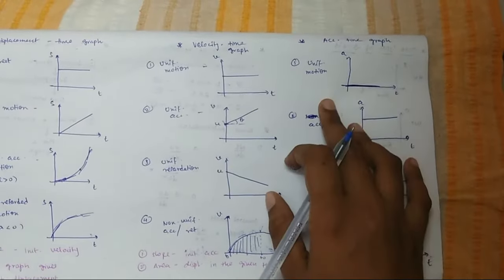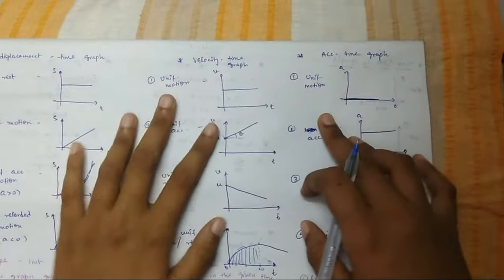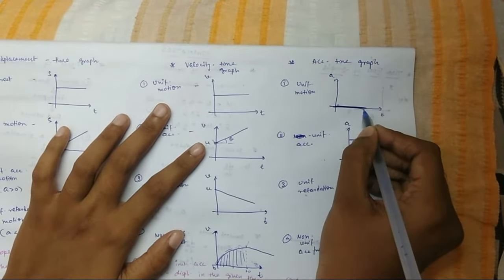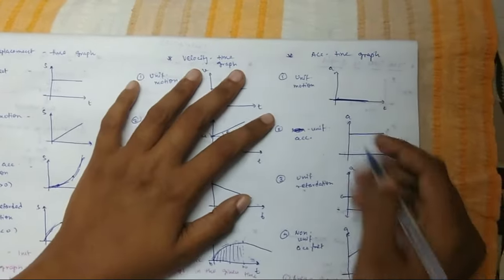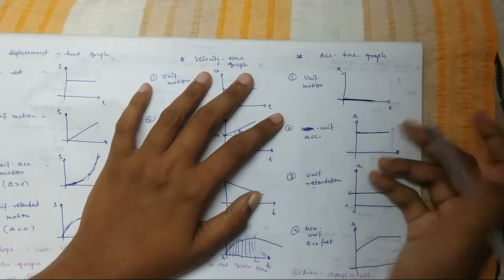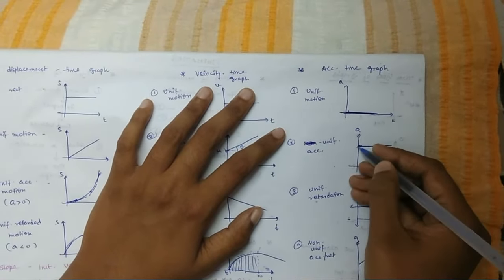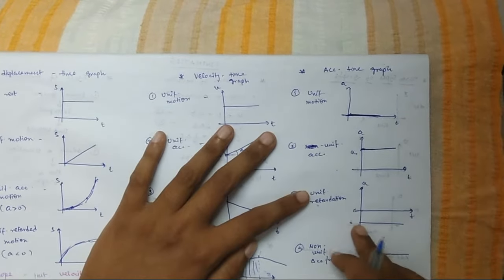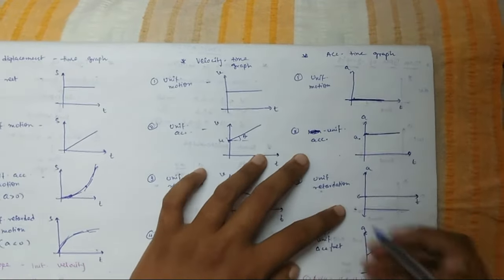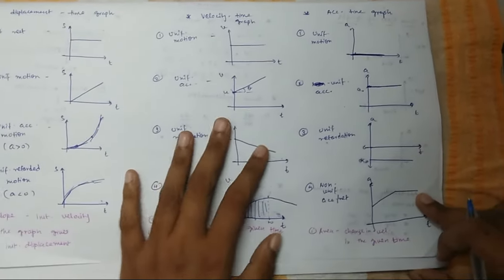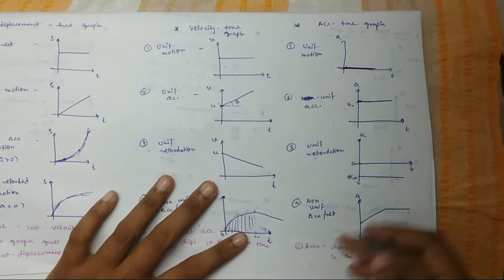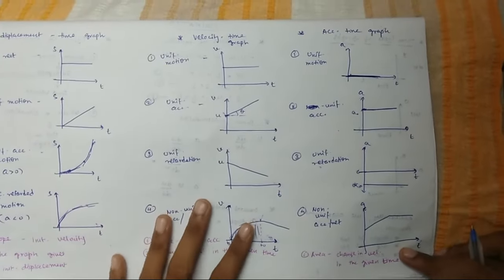Okay. Now coming to the acceleration time graph. For a uniform motion, that's constant velocity motion, the acceleration is 0. So you can find a graph like this. For uniformly accelerated motion, there is a constant acceleration, this value. Similarly, for uniform retardation, there is a constant negative acceleration. And for a non-uniform acceleration, there can be a random variation like this.